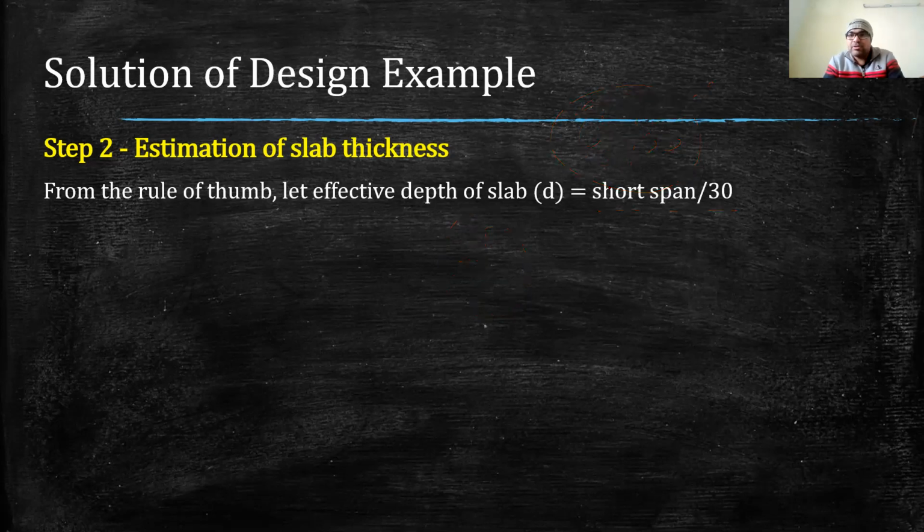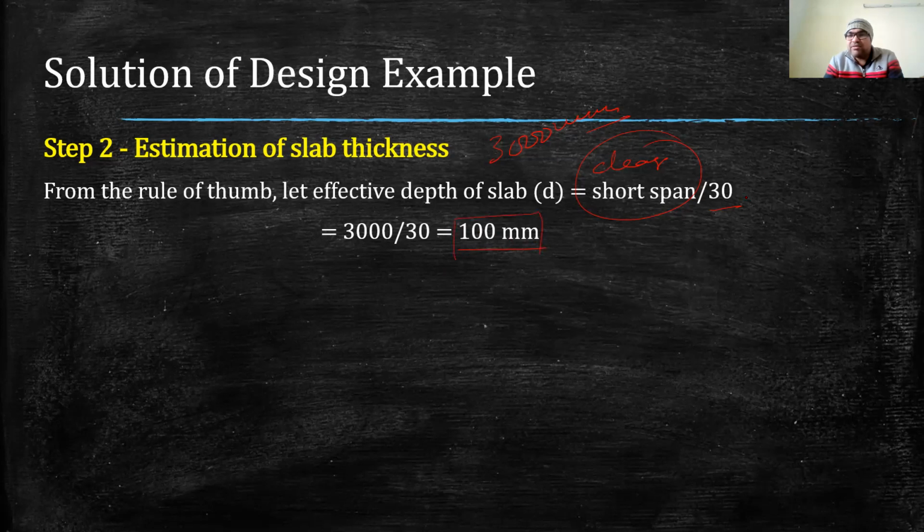So this is our first estimation: we estimate the value of D as clear short span by 30. In the problem, we already know that the clear short span is 3000 mm or 3 meter. So putting the value, we get an initial estimation of the depth as 100 mm.